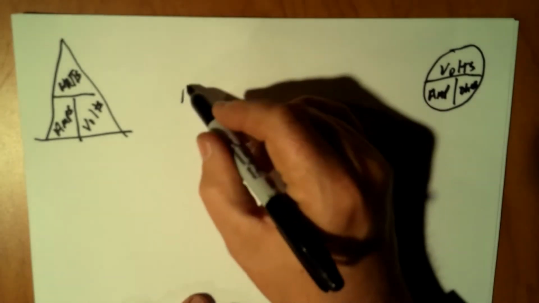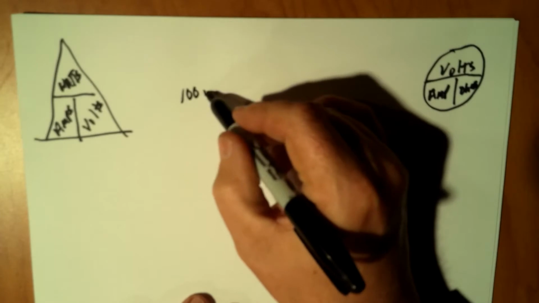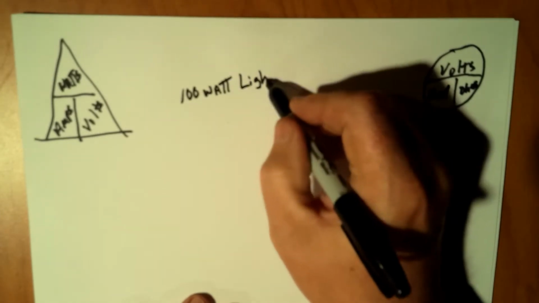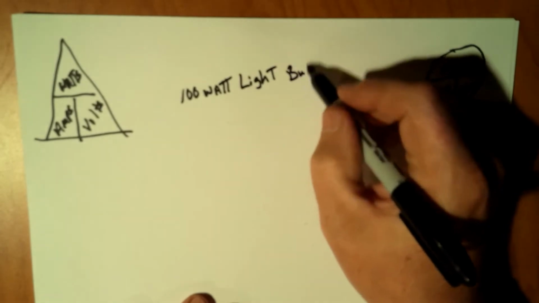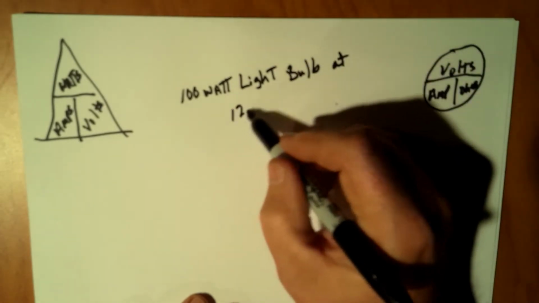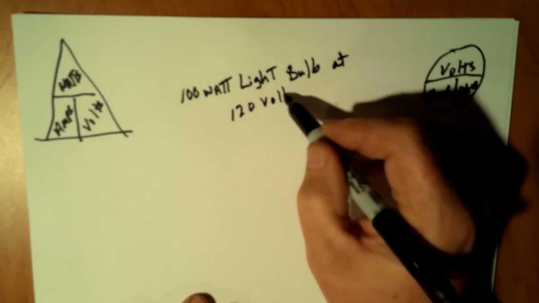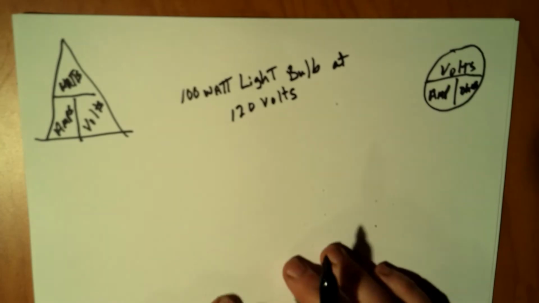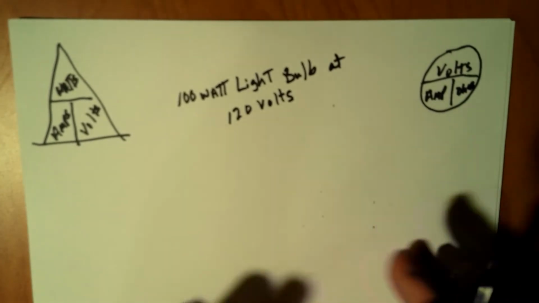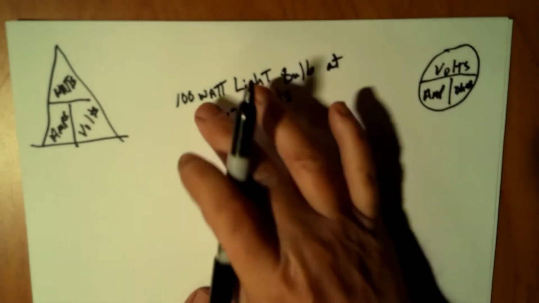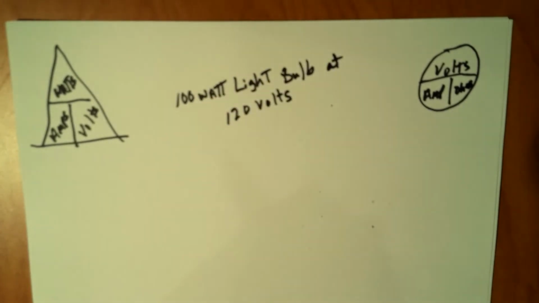We've got a 100-watt light bulb at 120 volts. I don't want to know how many amps it is. That's not important right now, because I'm not trying to figure out how big a breaker I need. But I want to find out how much the electric company is going to charge me for that light bulb.